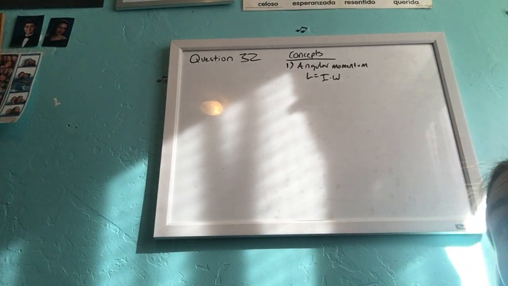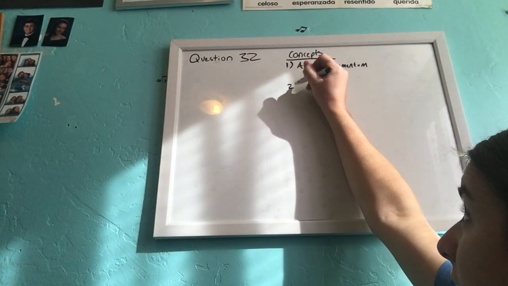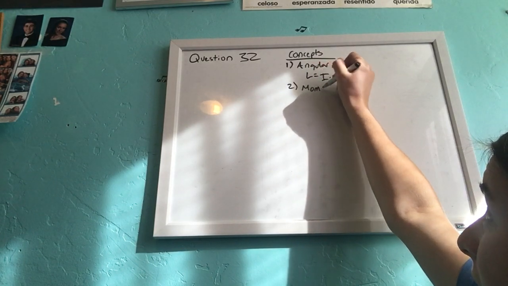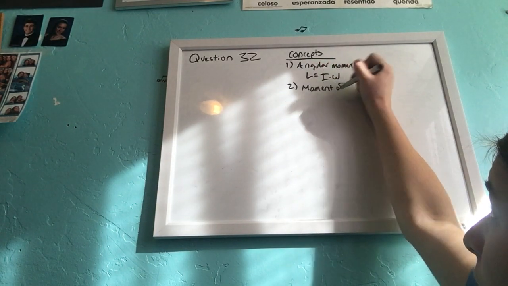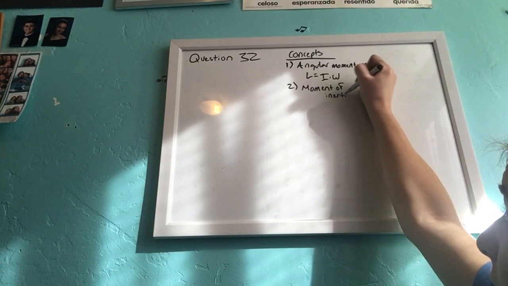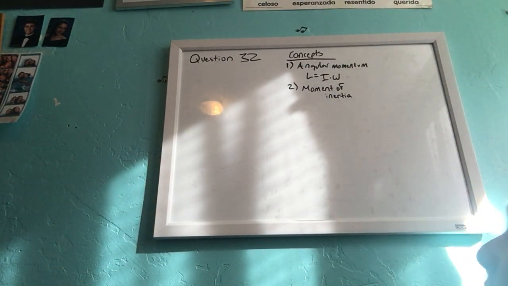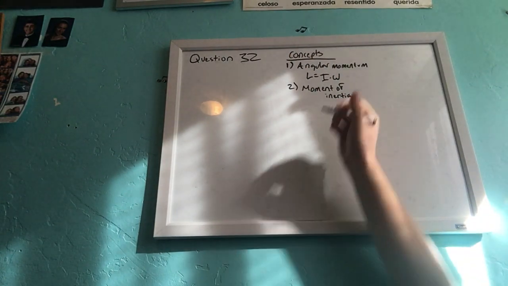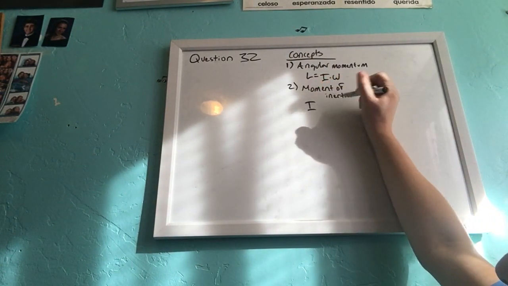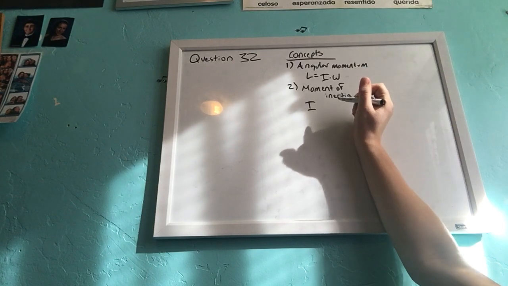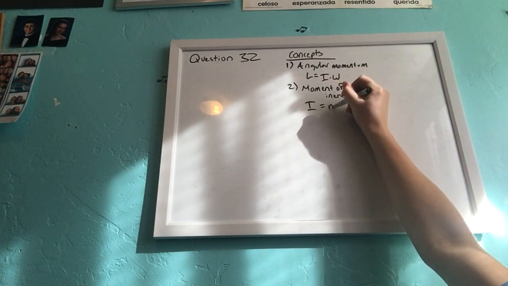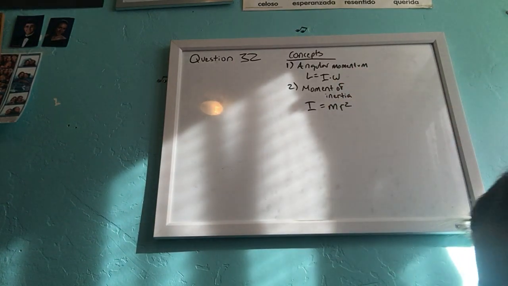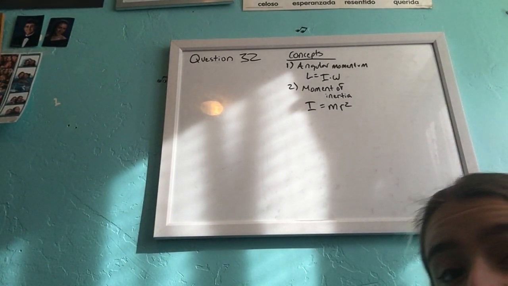Okay, so the next concept I will be going over is moment of inertia. I'm just going to be showing this concept in order to explain more of this angular momentum. So the equation for moment of inertia is I is equal to mr squared, mass times radius squared.